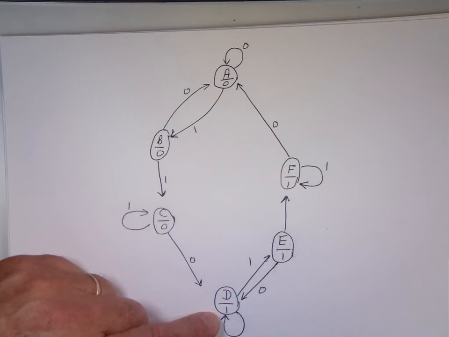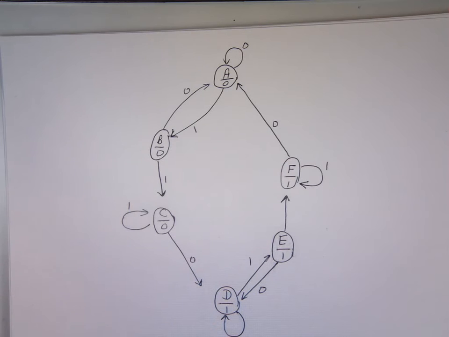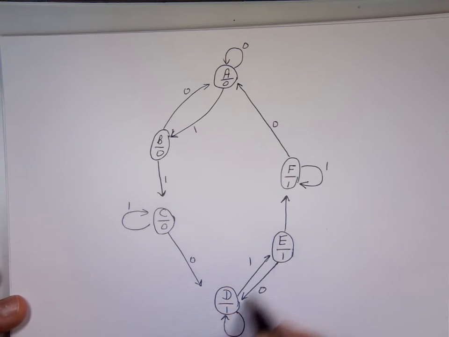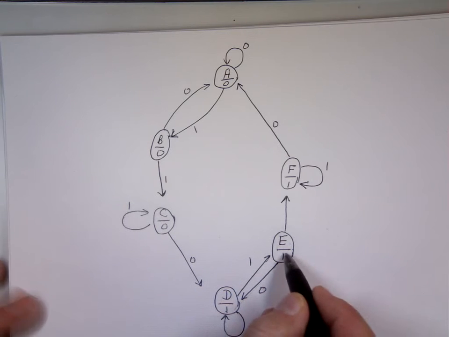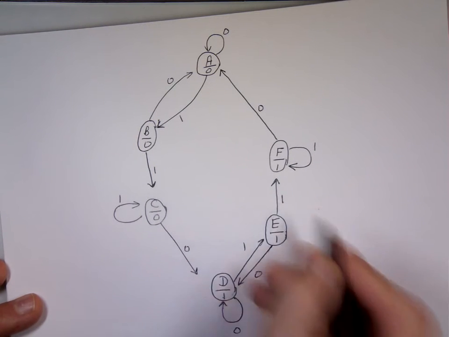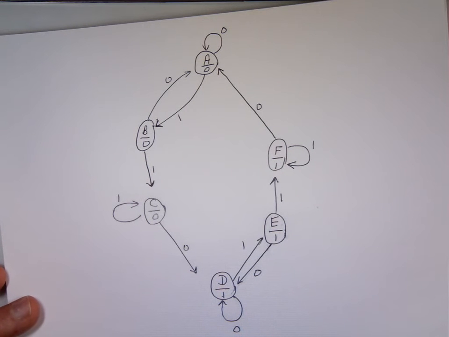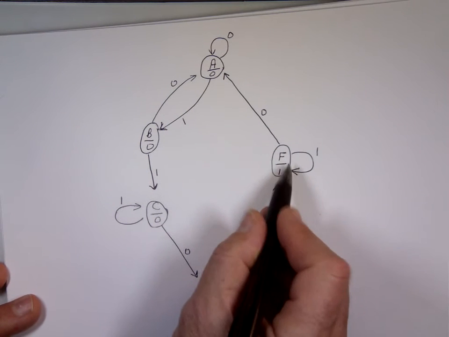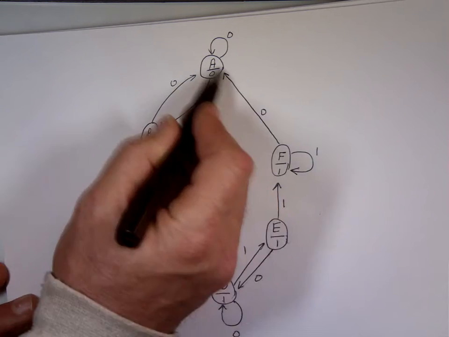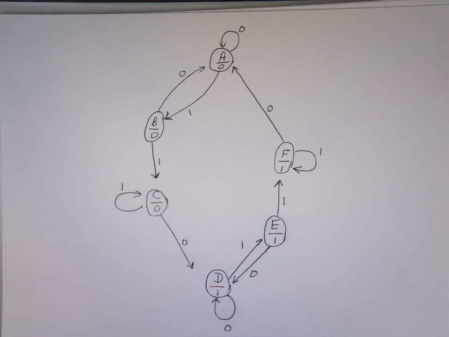But if you put a 0, you get, yep. And if you put a 1, you go to that one. If you're here and you put a 0, you go back to this, and you get an output. If you put a 1, you go to this one, and you get an output. I forgot to write the 1 here. And if I'm at this state and I put a 1, I stay here, and I get a 1 for an output. If I put a 0, I go back to that one. So that's the state diagram.